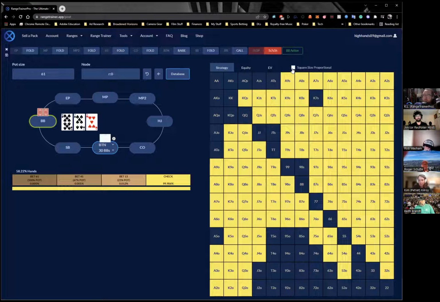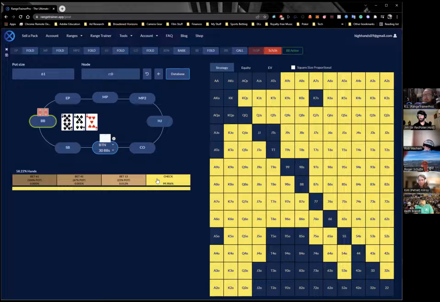So let me just run through the same really quickly, and then we can take some hands if somebody has particular ones they want to discuss. It is very simple. Once you've selected your situation, you literally play it like you would a hand online. You select the action that the highlighted player does.